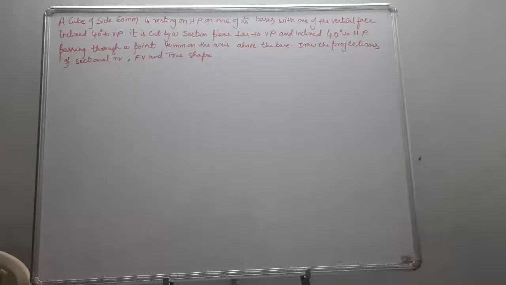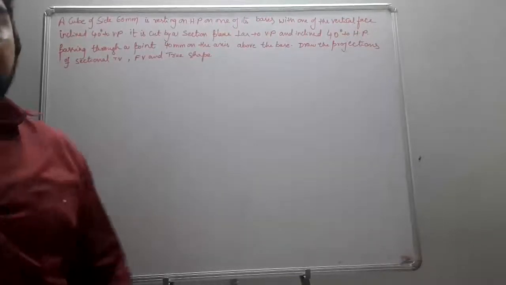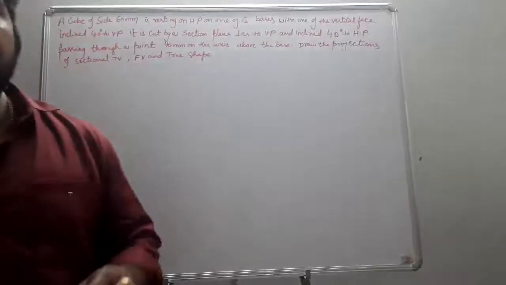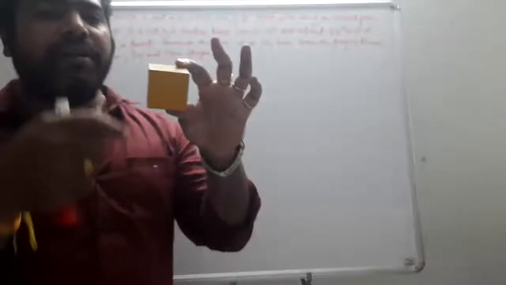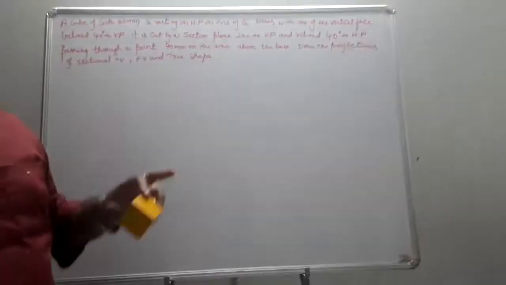So a cube of side 60 is given, resting on HP on one of its bases with one of the vertical faces inclined 40 degrees to VP. Directly you take the cube of side 60 with one of the vertical faces.